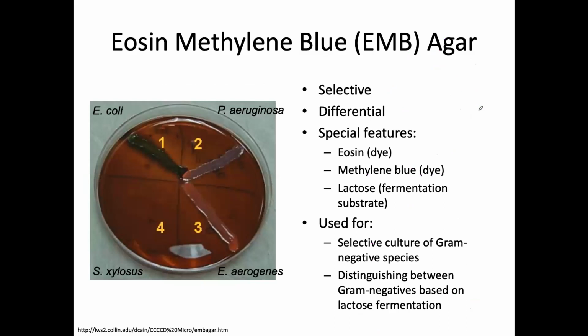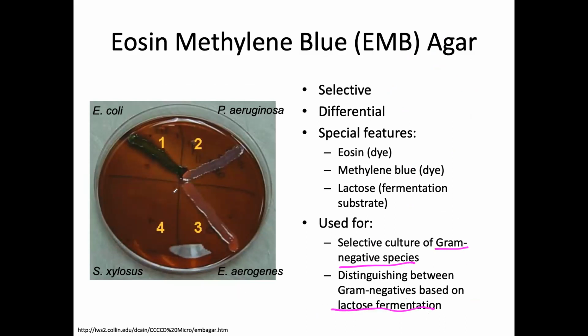EMB agar. There's eosin in it, there's methylene blue, and there's lactose. Again, it distinguishes between gram negative species and determines their ability to ferment lactose.